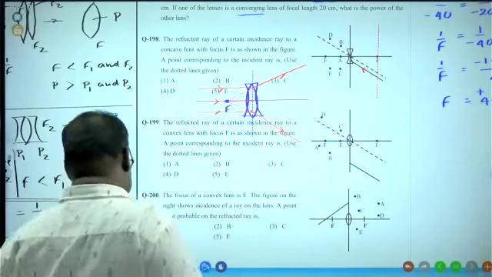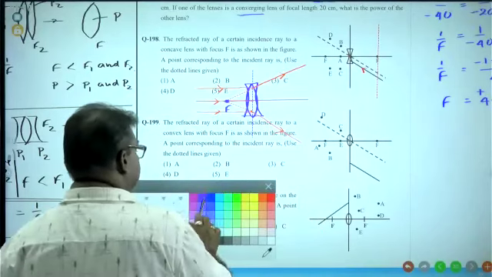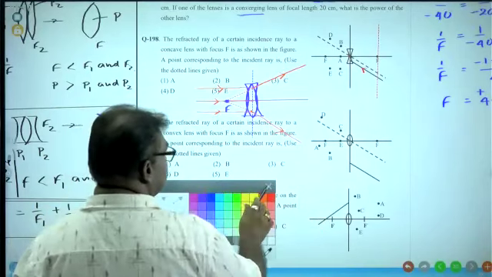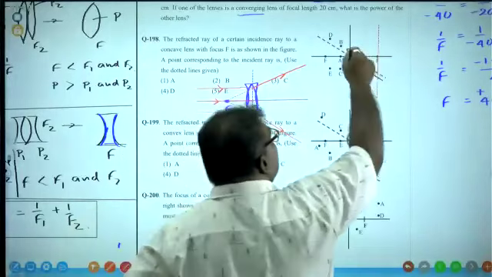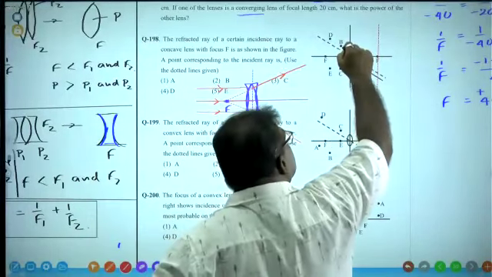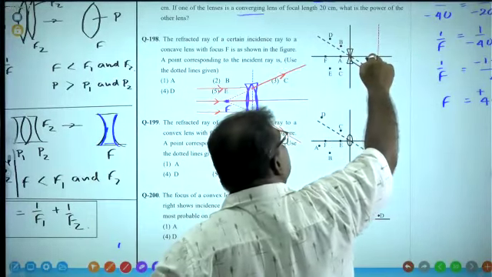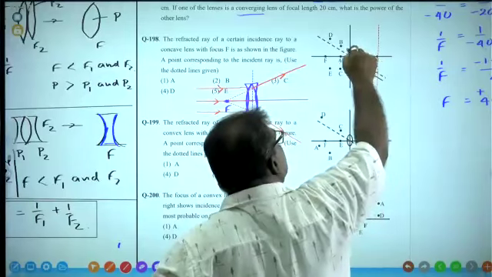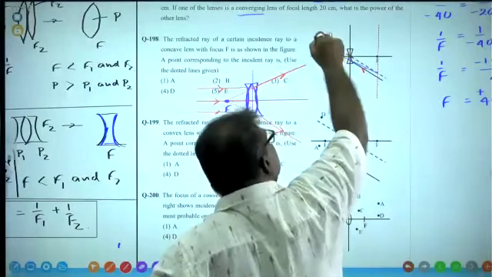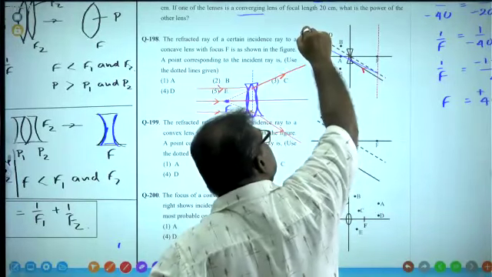Yes, then this should be the path, no? Let's see. If this one is the light ray, they are diverging from a point on the focus, right here. This is the diverging path.